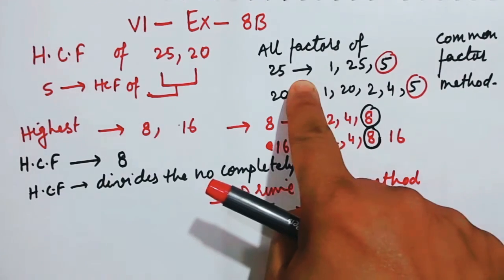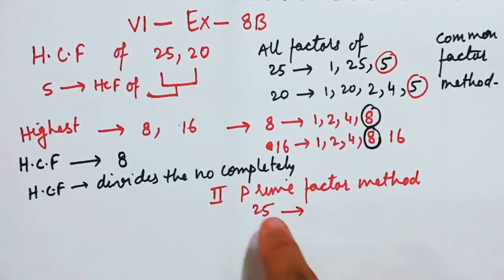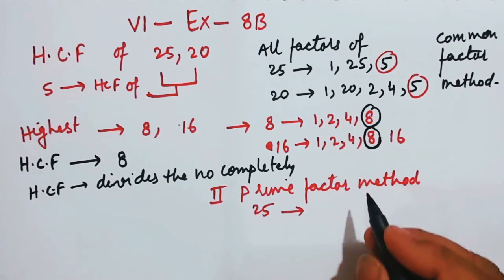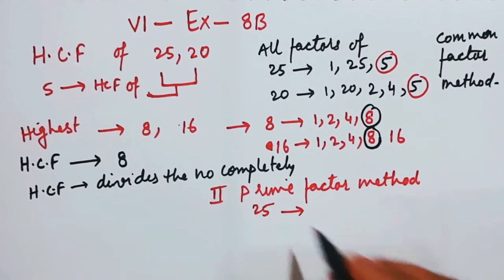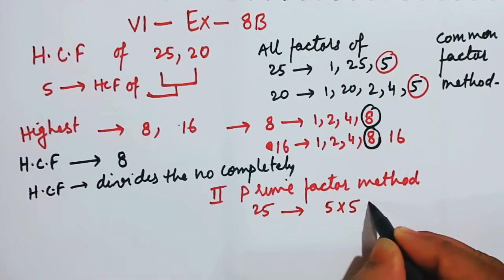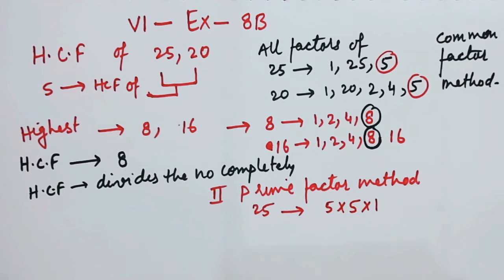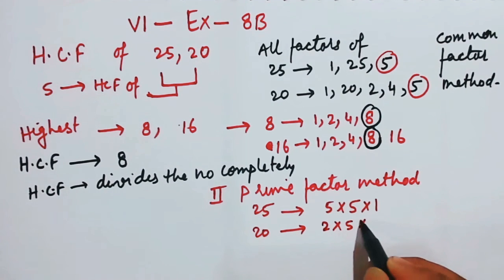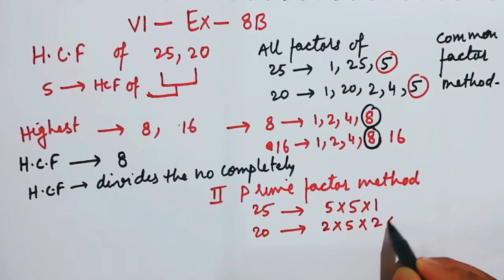Earlier I wrote all the factors; here I will break each number into prime factors. So 5 times 5 times 1 equals 25. Similarly, for 20: 2 times 5 is 10, 10 twos are 20, and then 1 into 1. You will have to write 1 at any cost.